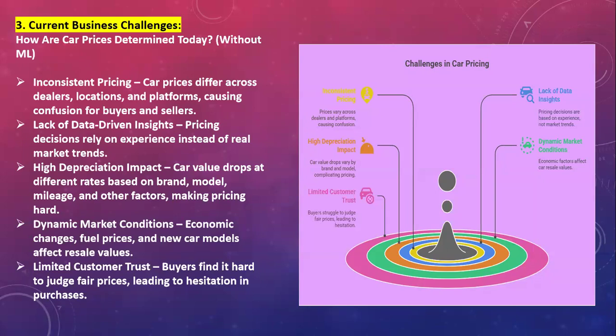Buyers find it very hard to determine fair prices in the market for the car, which leads to hesitation and difficulty predicting the car price exactly as per market trend analysis. So this gives limited customer trust. These are the business challenges involved without using an ML model.